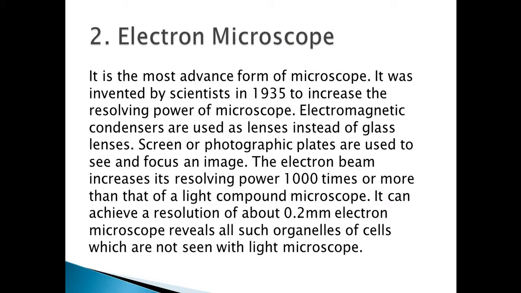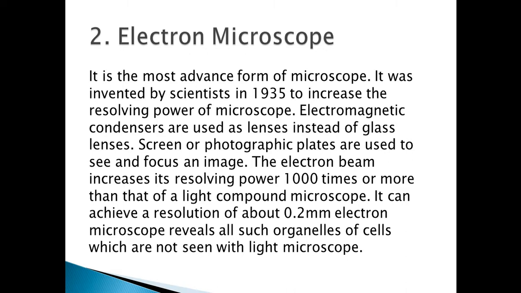Now, number 2 is the electron microscope. It is the most advanced form of microscope. It was invented by scientists in 1935 to increase the resolving power of the microscope. Electromagnetic condensers are used as lenses instead of glass lenses.